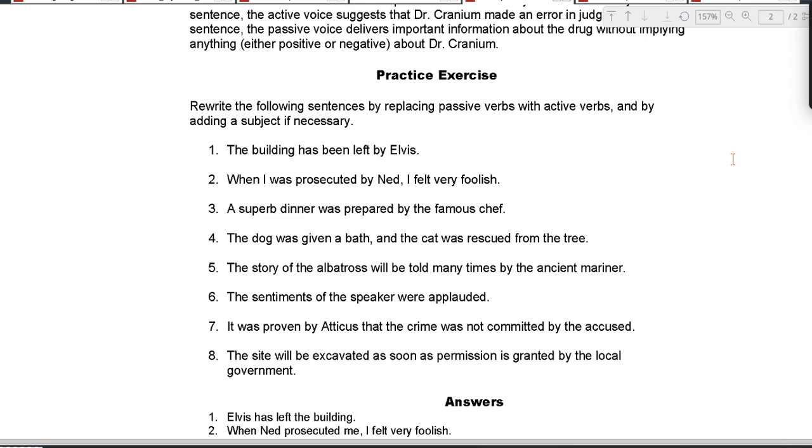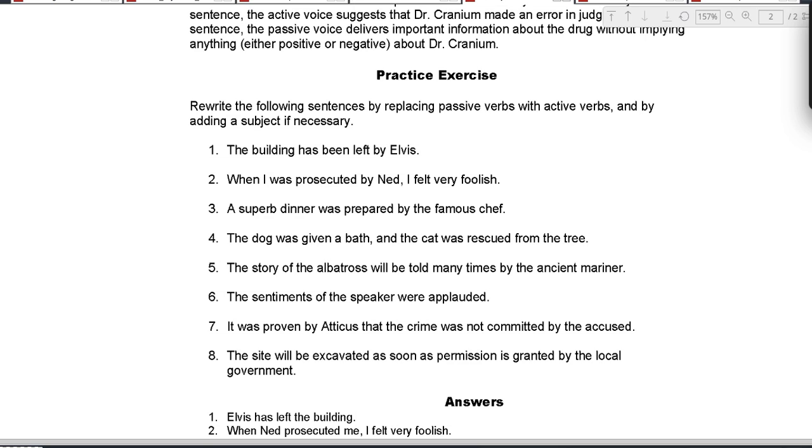So I should change it. So could you do number 1 for me? The building has been left by Elvis. So here has been will change to simply has.